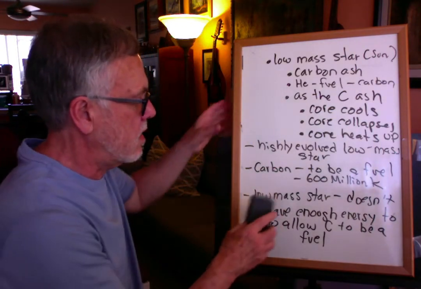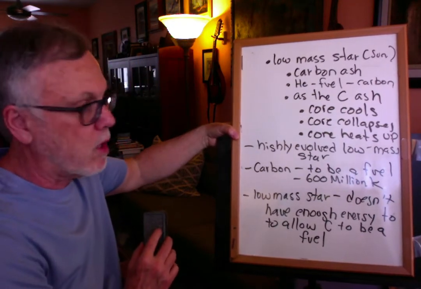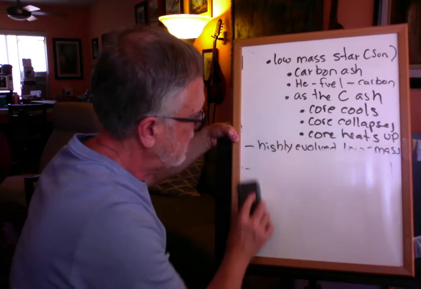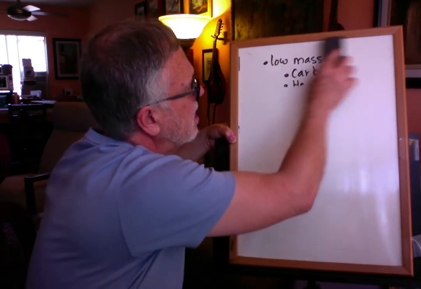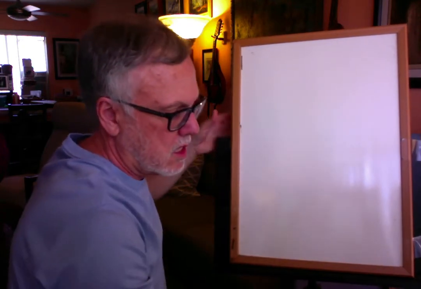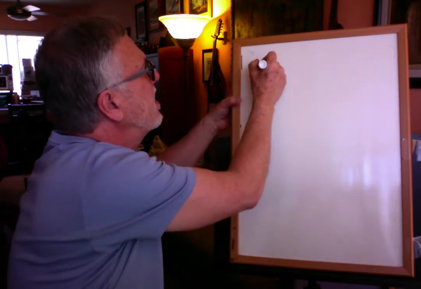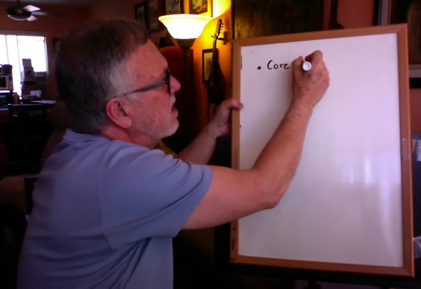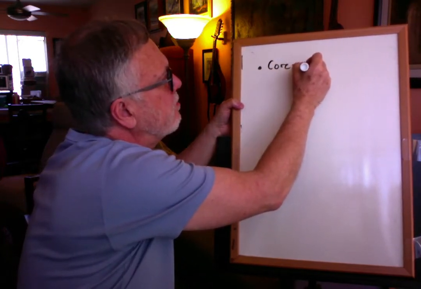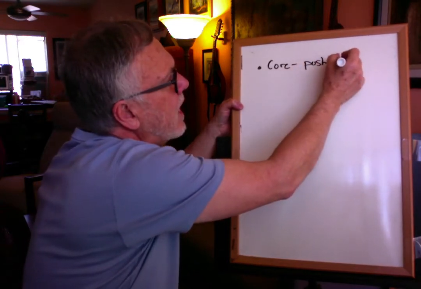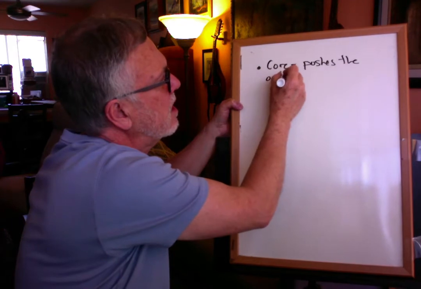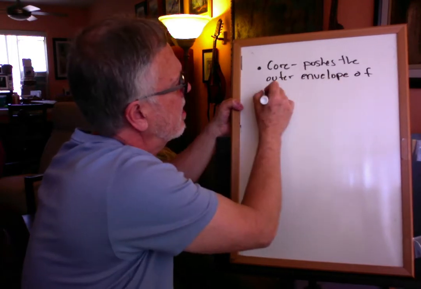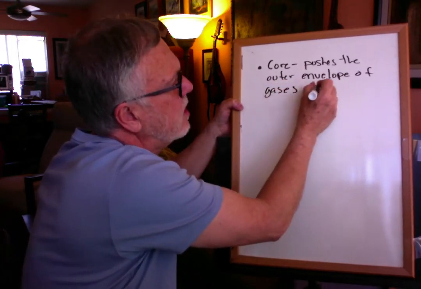So let me go ahead and erase this. So what we get then is that the core basically pushes the outer envelope of gases, which is most of the gases of the star, out into space.